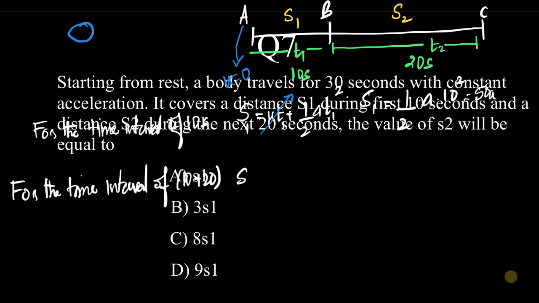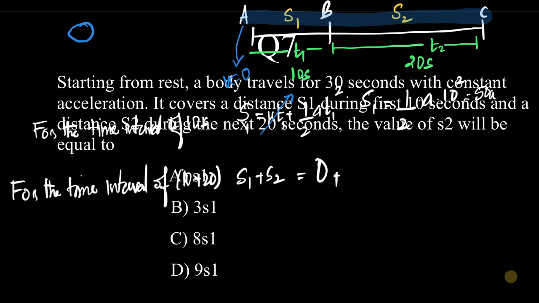We can say that s1 plus s2, which means we are covering the whole journey from A to C, is equal to, again the ut term will become 0, plus half a into (t1 plus t2), that is (10 plus 20) the whole square, which is 30 square is 900, 900 by 2 is 450a.